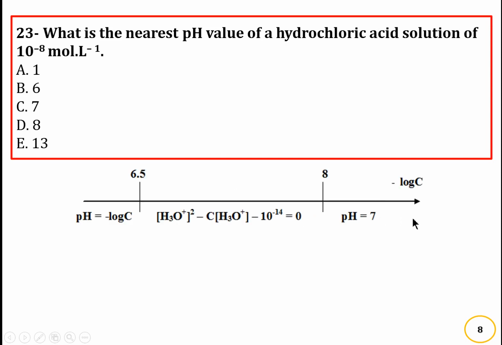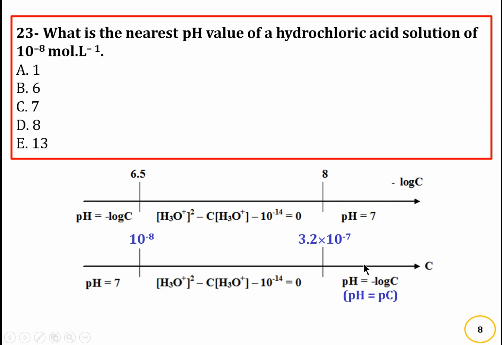And we explained in the course that we have 3 domains of validity for the strong acid. If minus log C is greater than 8, pH equals 7. If minus log C is less than 6.5, pH equals minus log C. And between 6.5 and 8, we have to apply the second degree equation.